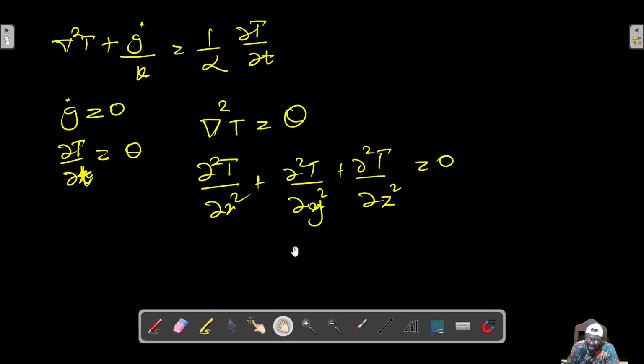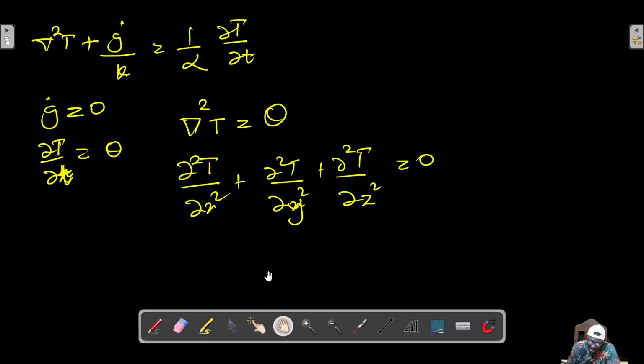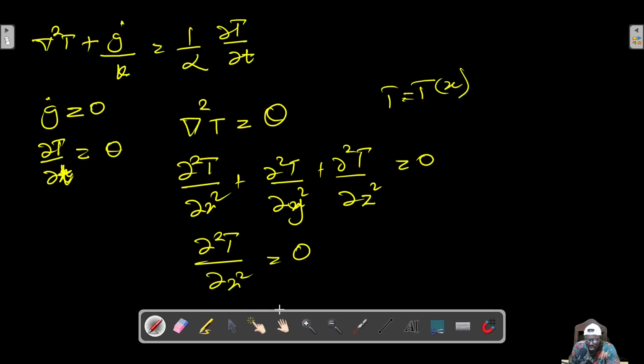And since we have heat flux flowing along one particular dimension, our temperature field varies with one spatial coordinate, so the double derivative of the temperature with respect to the other spatial coordinates goes to 0. So we then have d squared T by dx squared is equal to 0.